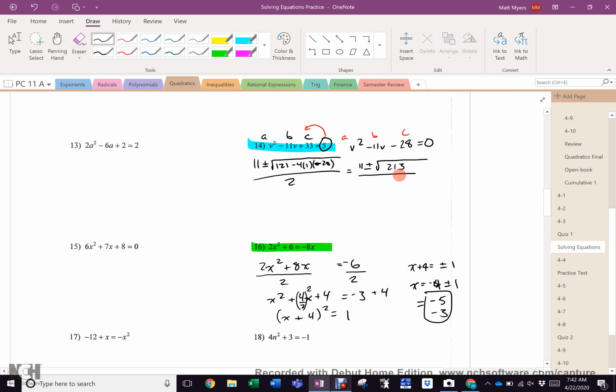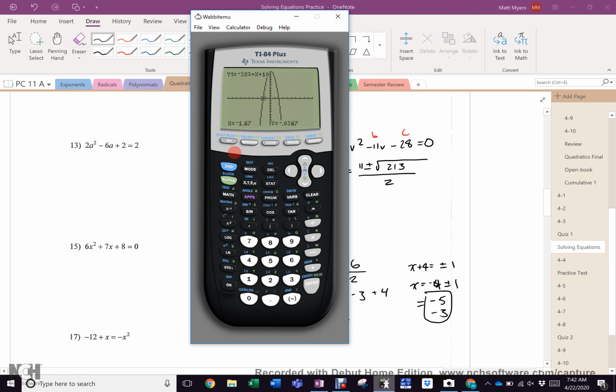I'm doing that without a calculator, so I should actually check it, of course, because it's 7:40 in the morning. 121 plus negative 4 times 1 times 28.